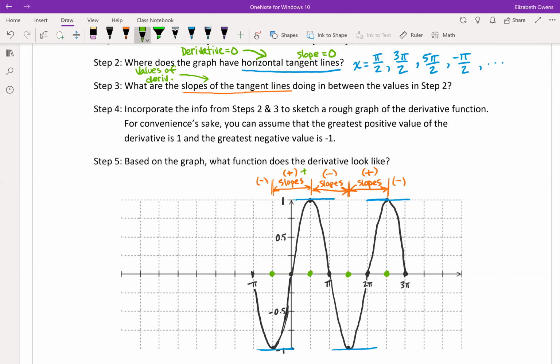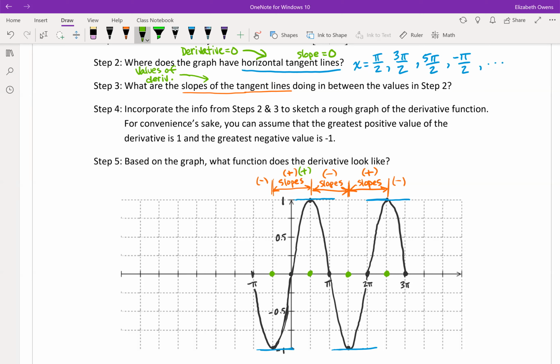So positive derivative, okay? And you'll notice that if we start out here at x equals negative pi over 2, we have a tangent slope of 0. And yes, it is going to have a positive tangent slope, positive derivative value right after that.